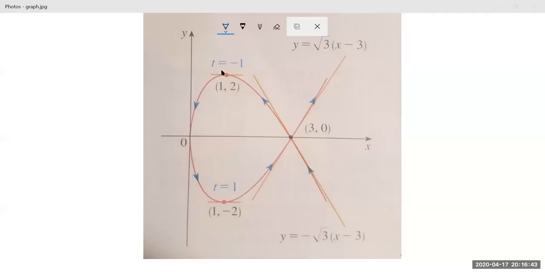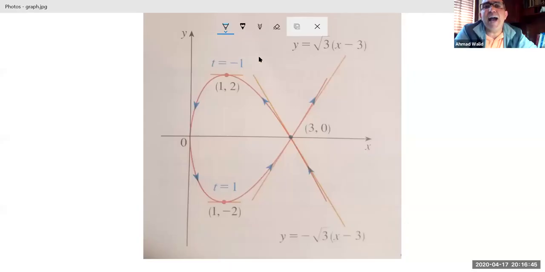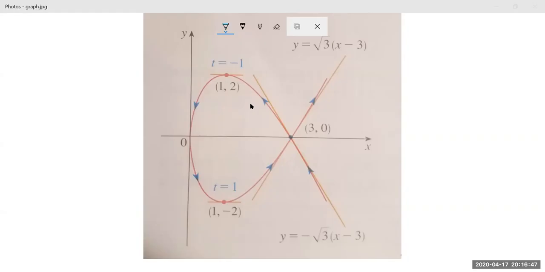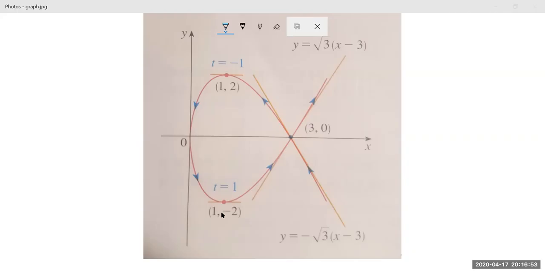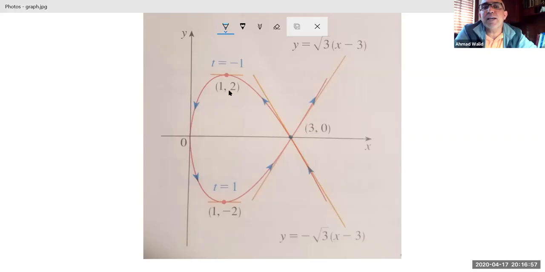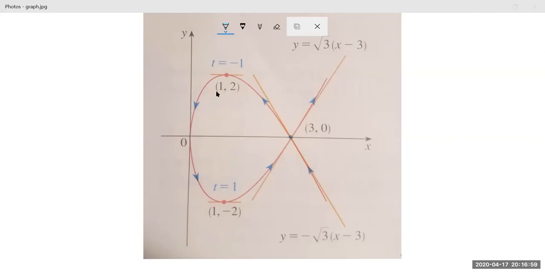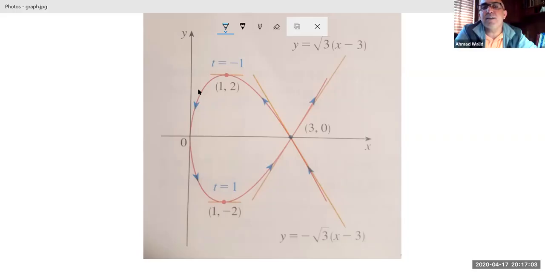Because our t was +1, one of them was -1 and 2, right? Yes. And the other one was 1 and -2. Oh, so why does it say the top one is 1 and 2? If ours was -1, this was 2. The point that we calculate, remember? At what point do you have a horizontal tangent line? At 1 and 2 and 1 and -2.